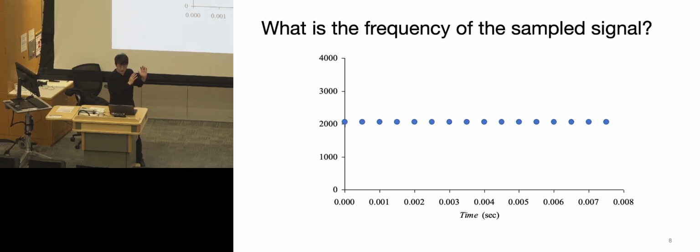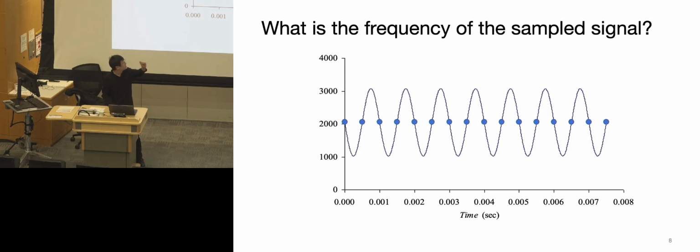So, which is why we need at least 2 times faster. In this case we already have 2 different results that can come from the same sampling system: for example, this one, or just a flat DC signal.